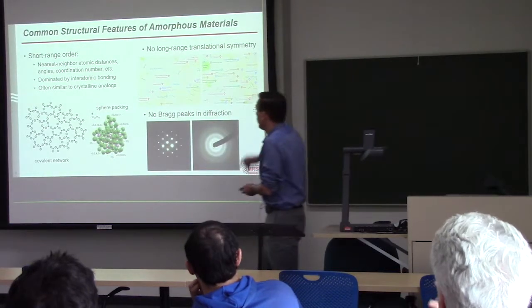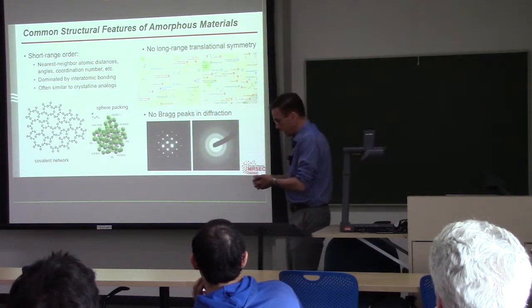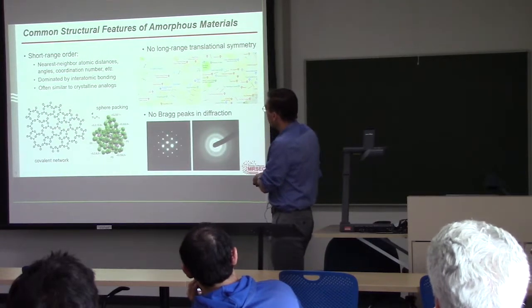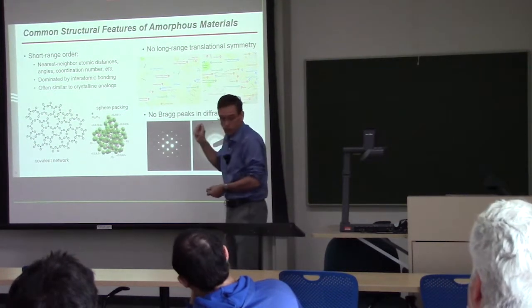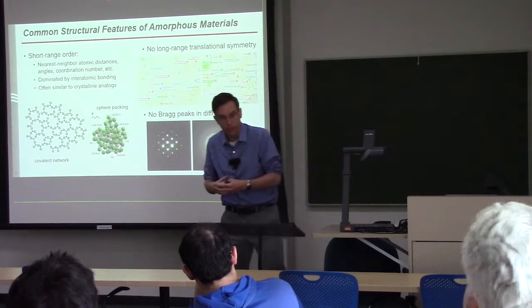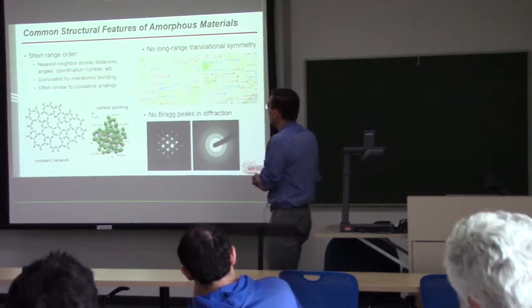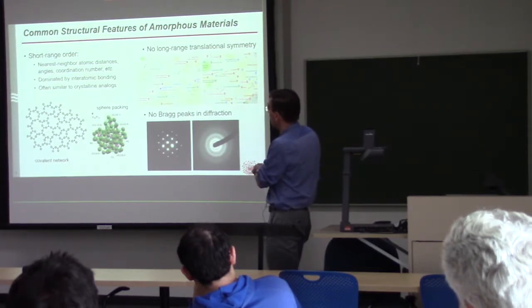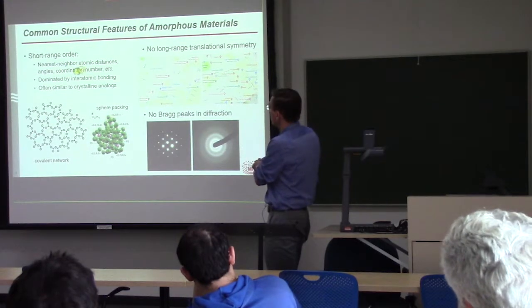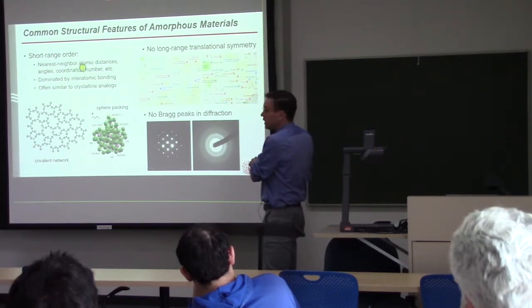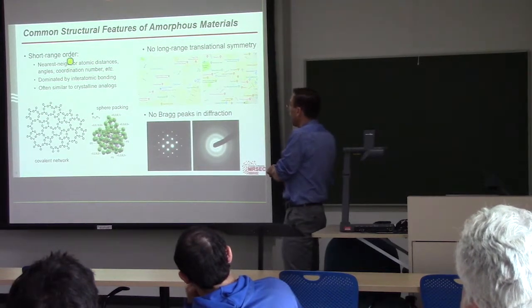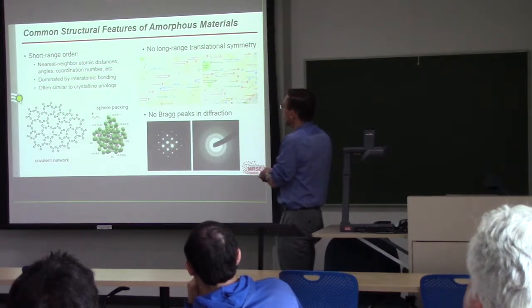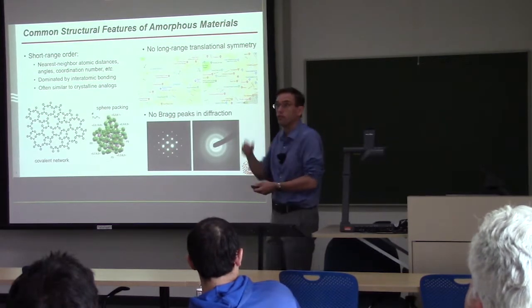An amorphous material is an atomic solid or solid-ish material that has well-established short-range order, meaning that the bonding configuration or the other local configurational issues are well satisfied, that there are well-established nearest neighbor distances, that the bond angles are approximately right, that atoms find appropriate coordination numbers, and that these are structural features that are similar to the crystalline versions of the material.